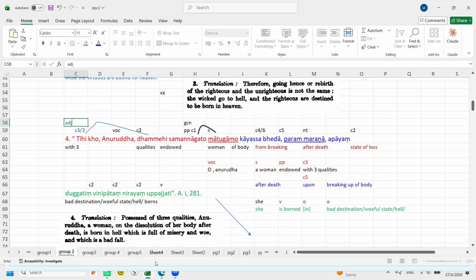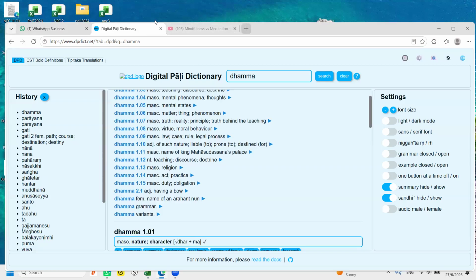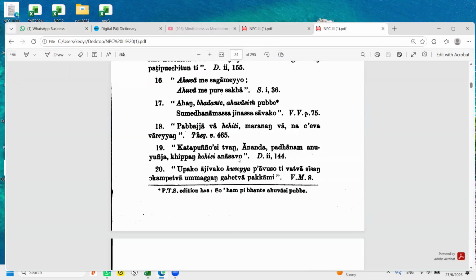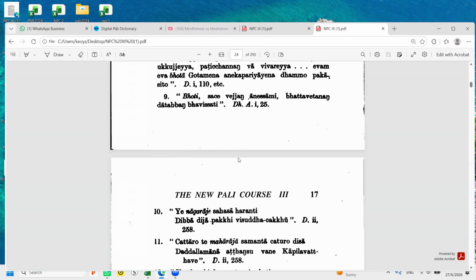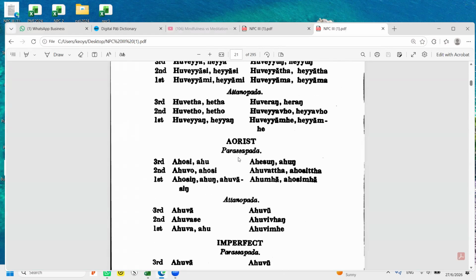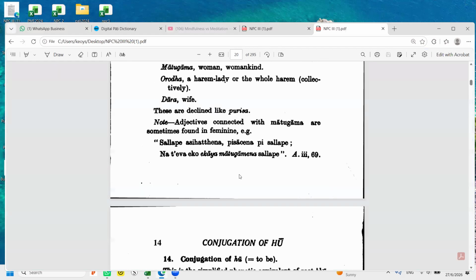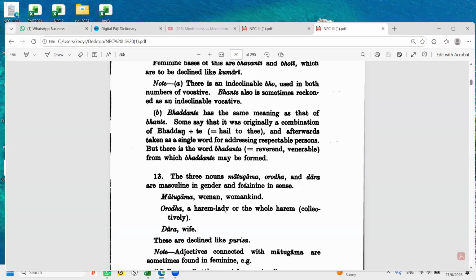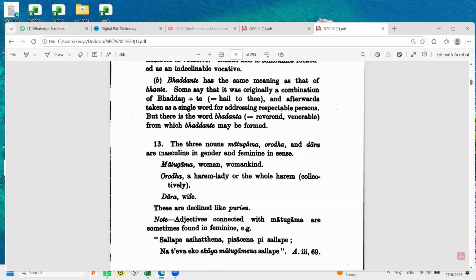So if you refer back to your book, this one. Can you see number 13? Number 13 here.